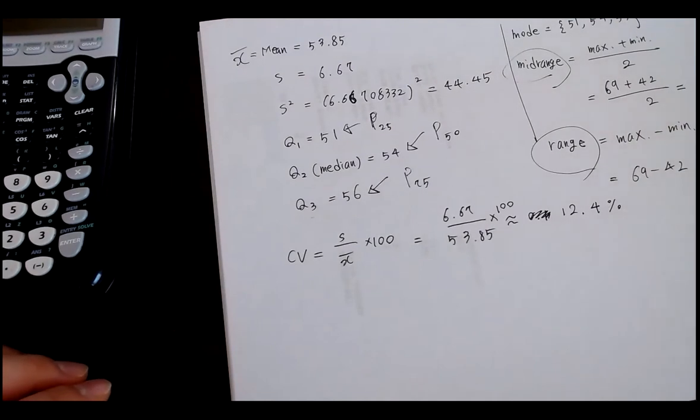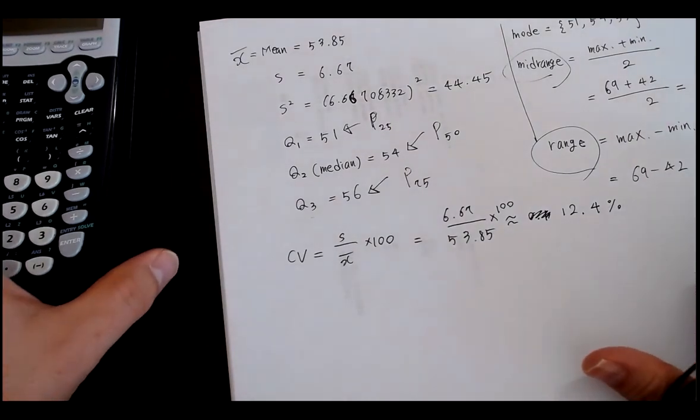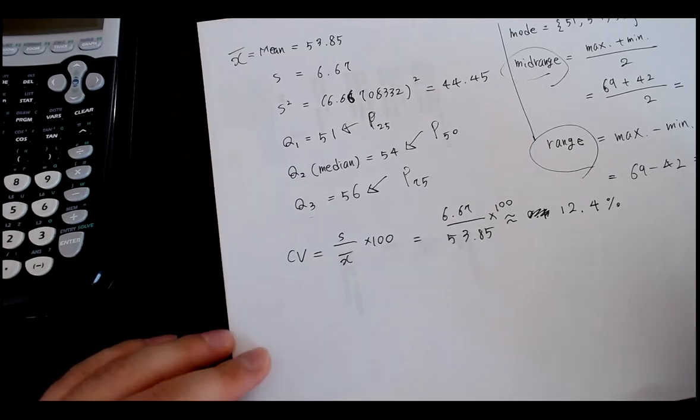Next one is the box plot. Find the 5 number summary and draw a box plot.